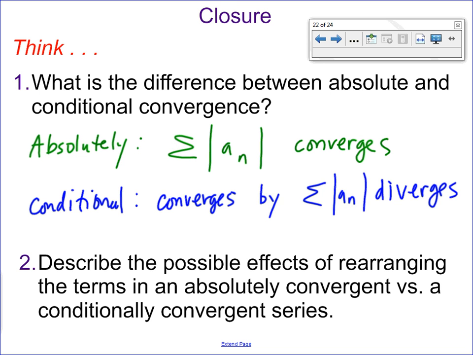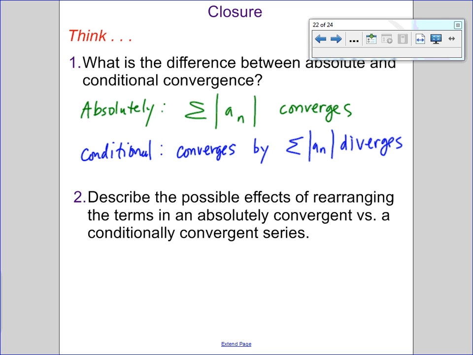Awesome. Describe the possible effects of rearranging the terms in an absolutely convergent versus a conditionally convergent series. So what are the possible effects from rearrangements of those two? Danny? For absolute, it's still convergent.